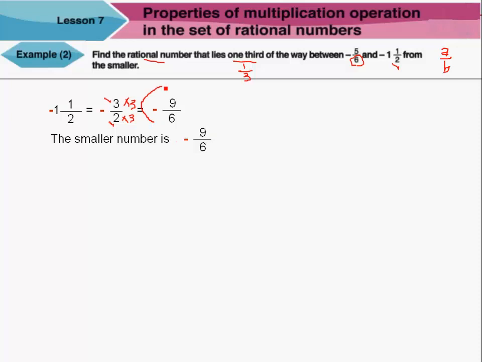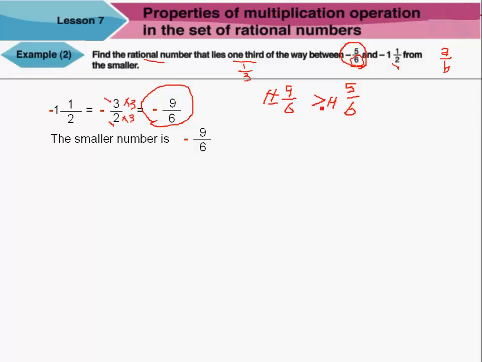Compare between this and that one. We have the same denominator. Be careful. We have here minus and here minus. If we don't have minus, you will say 9 over 6 is greater than 5 over 6.